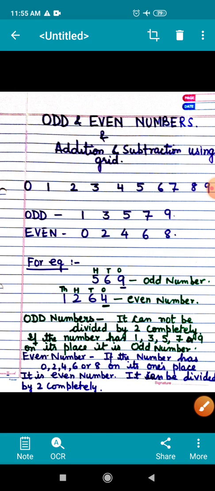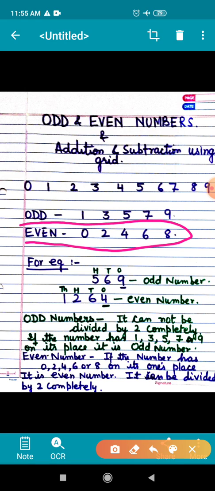Okay, now second, even, these are considered as even. If any one of these digits comes on the ones place of any number, then the number will be considered an even number.